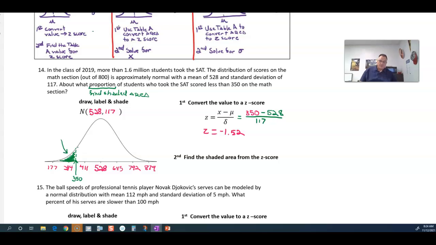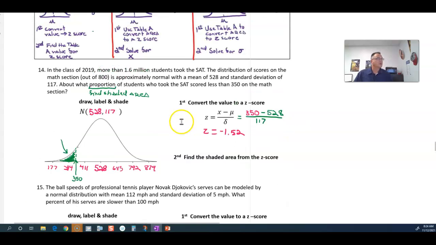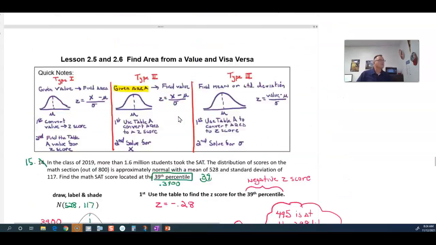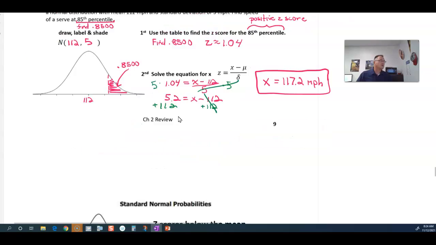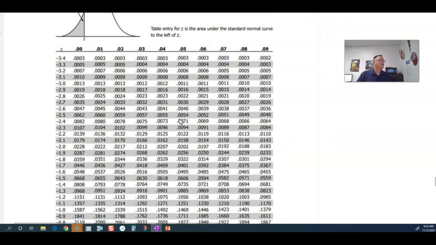So this one, I think you got to use your full table. Okay, so we go to that. We know that this is going to be a negative, so we look for the negative side. 1.52. Negative 1.5, right here. Then go over to 2.